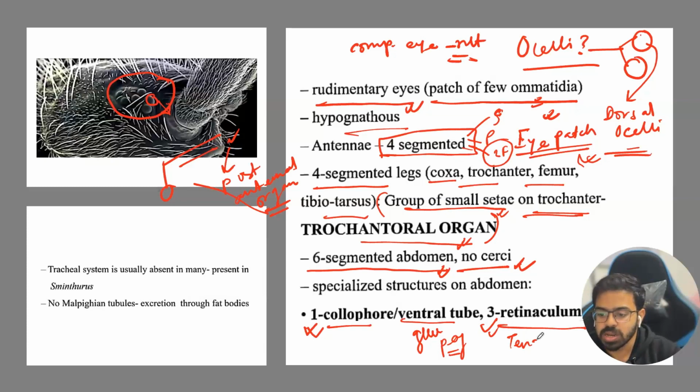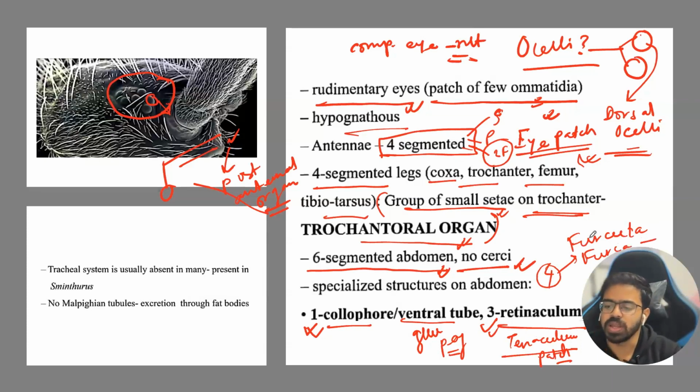And the fourth segment contains the major organ, that is the furcula, or some authorities say furca. It is the springing organ, which helps the insect to jump or spring. These are the three major pregenital abdominal appendages present in Collembola.